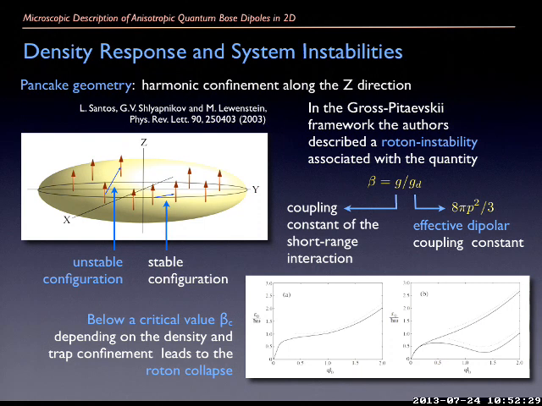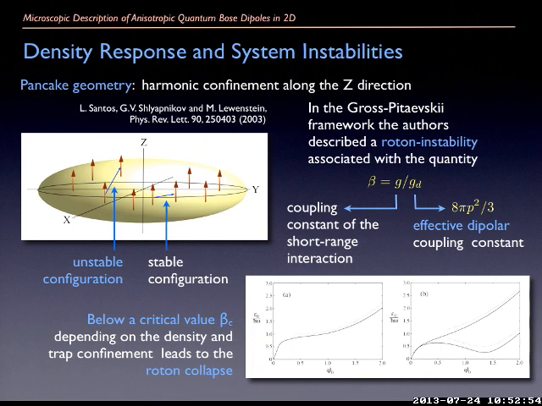And even though the system they studied was very dilute, you could start seeing large effects like a roton here. A roton is typically from systems, or at least I'm used to seeing that in much more correlated systems like helium-4, for instance. But this is a dilute system, and this is induced by the anisotropy.